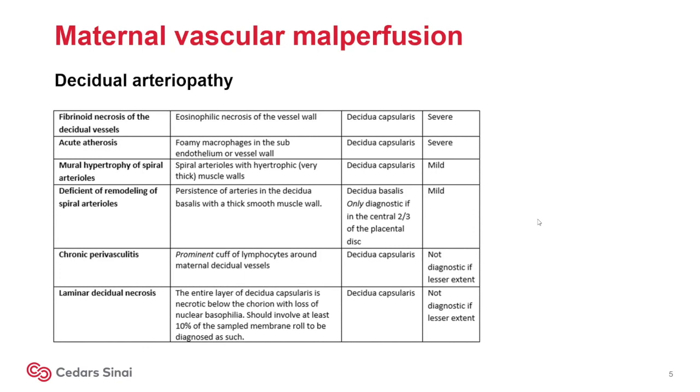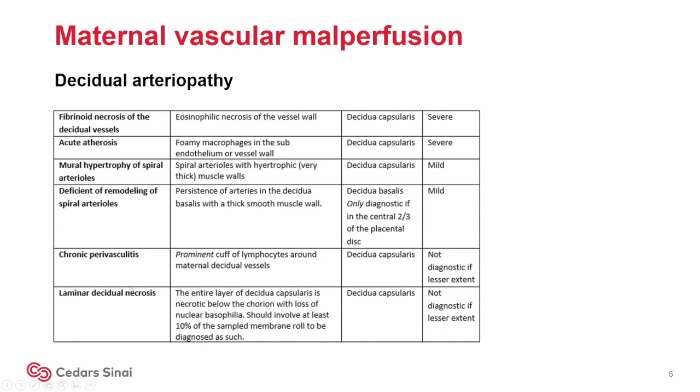The most common findings that we see on the slides are fibrinoid necrosis of decidual vessels and acute atherosis, while mural hypertrophy of spiral arterioles is something we see quite uncommonly, and all of these processes are seen within the decidua capsularis. It is also difficult to find deficient remodeling of spiral arterioles, even though that's one of the diagnostic criteria.